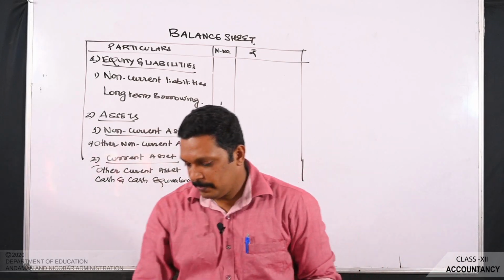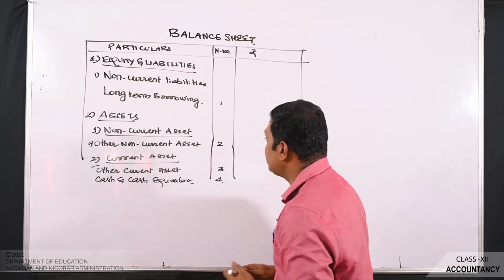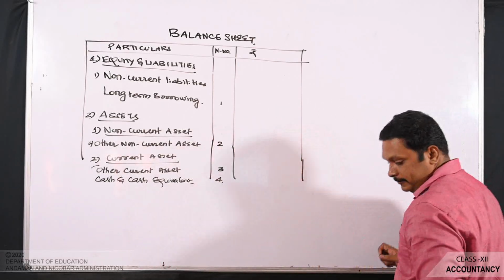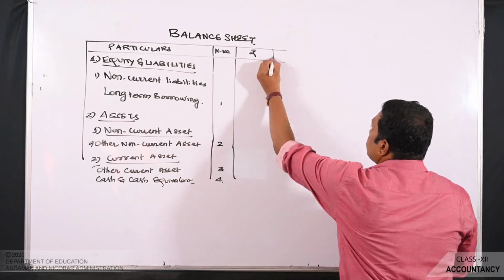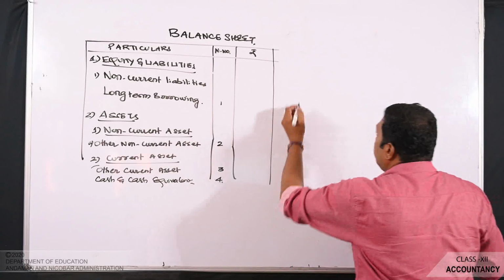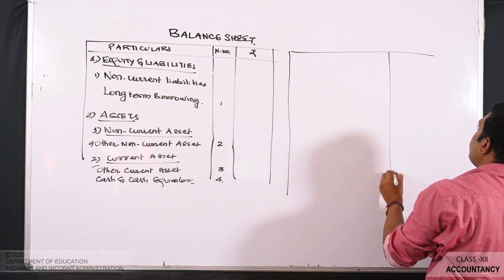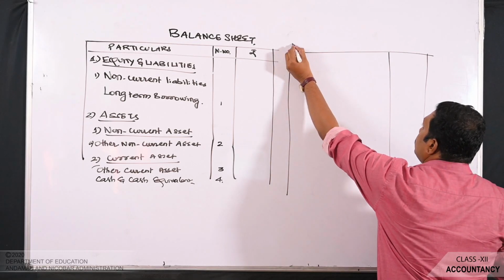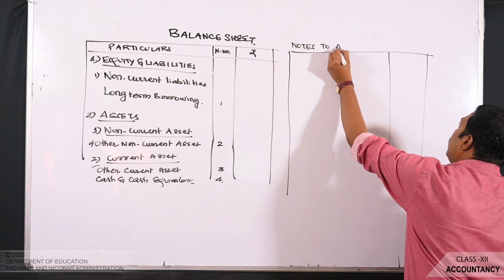Right. Now, how to prepare a working note? The working note is just like that. Note number 1. So for note number 1, we have to prepare notes to accounts.